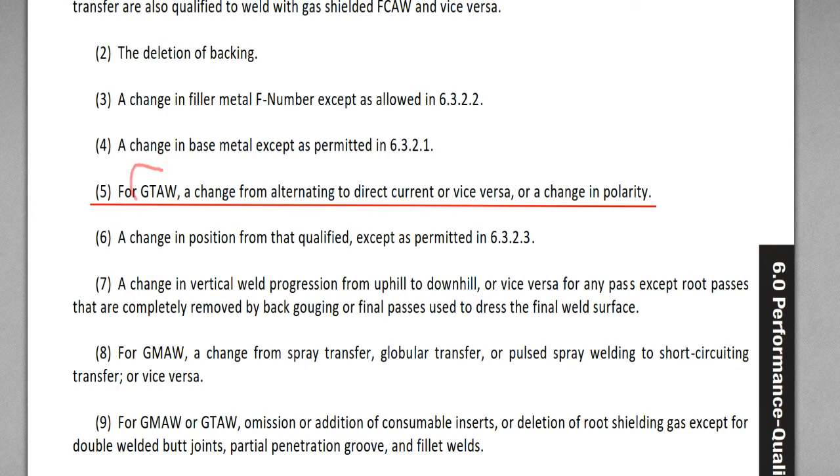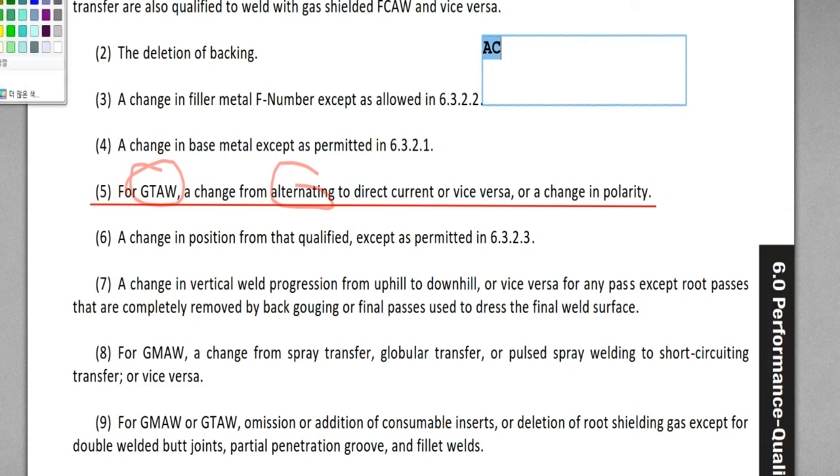So in GTAW, a change from alternating current, AC, to DC requires requalification, and vice versa, same thing applies. DC to AC requires requalification, and polarity.